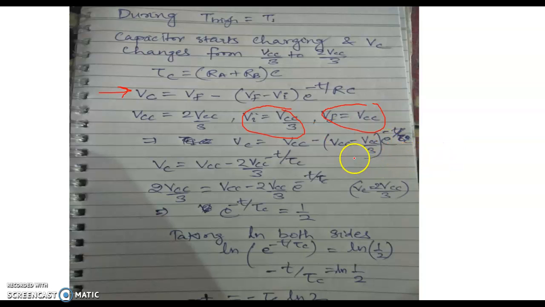After solving the equation and applying the logarithm on both sides, we calculate the T1 time, that is tau C ln2, and it is equal to 0.693 tau C. In this equation, T1 is when the input signal is high and the capacitor will start charging through RA plus RB. So overall T high is equal to 0.693 into RA plus RB.